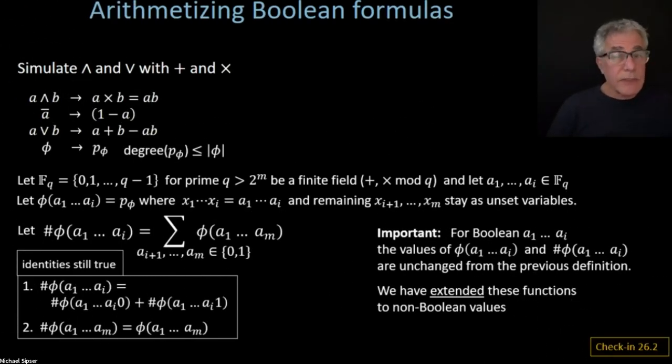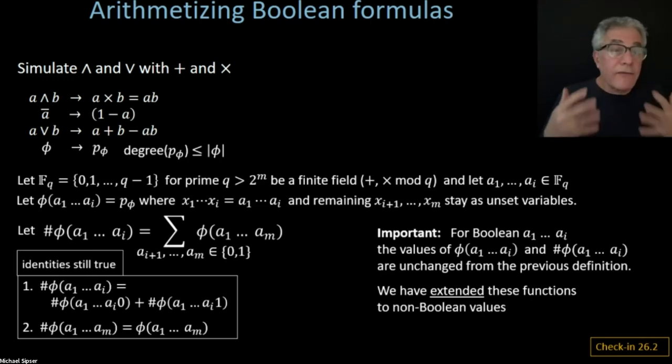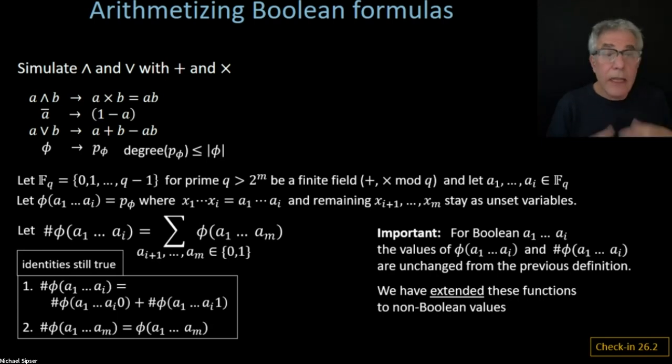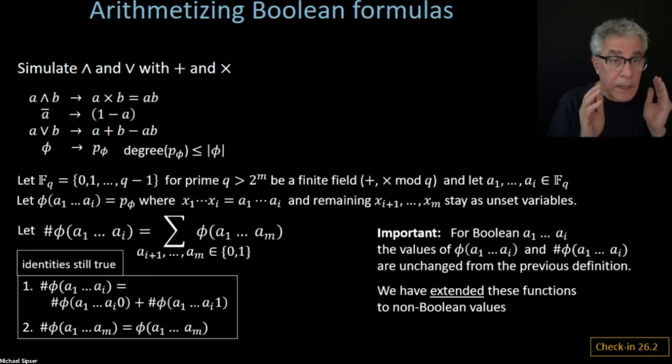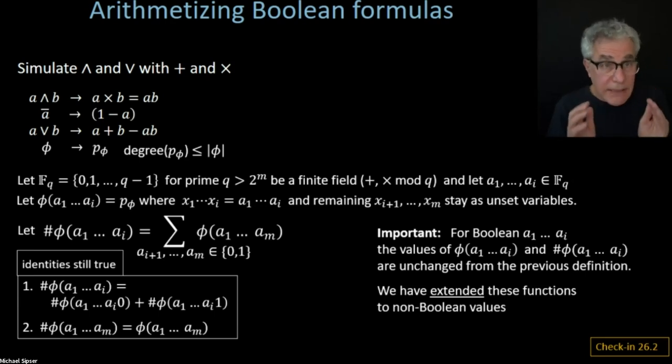Do all the numbers need to be zeros and ones? I'm not sure how negation would work with larger numbers. The negation is just, you blindly follow it. Even though we're going to be plugging in non-Boolean values, it's going to be 1 minus a 7, so you're going to get minus 6. You have to do that mod p, so whatever mod q, whatever value you get. But you can no longer think about it as negation in the former sense.